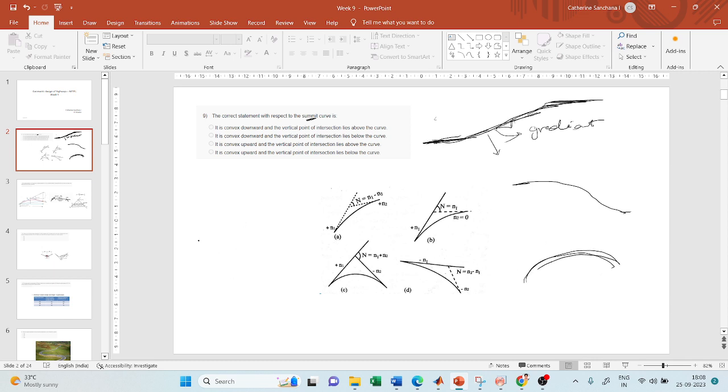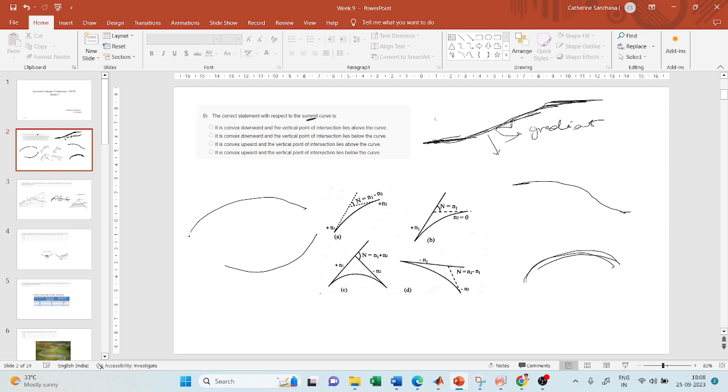In the same way, you can also see a vertical grade like this or like this. This is an elevation. The horizontal curve you can see from the top, which we can call the plan view or top view. This is the front view or the side view.